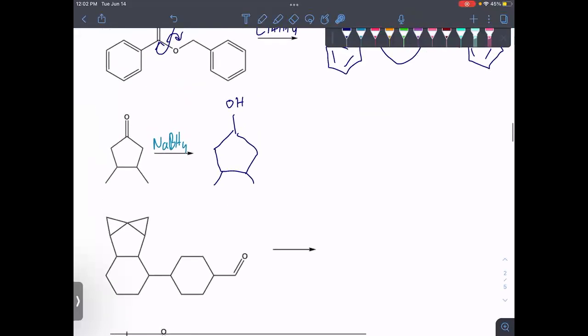We used NaBH4 because it's the weak reducing agent, so it reduces aldehydes and ketones. We could use the other one, but this one is better because it's less aggressive. Ketones are very reactive, so you can use the weak one.